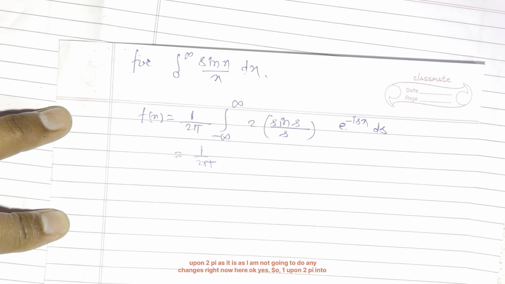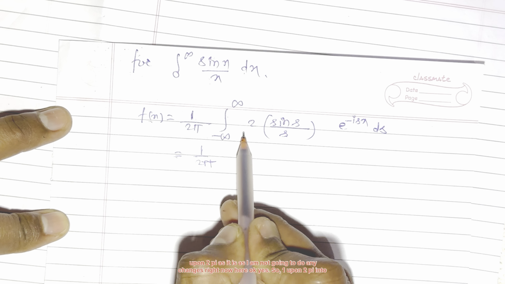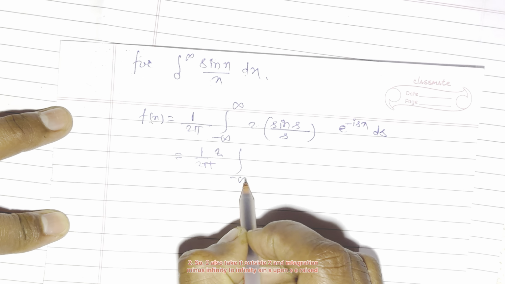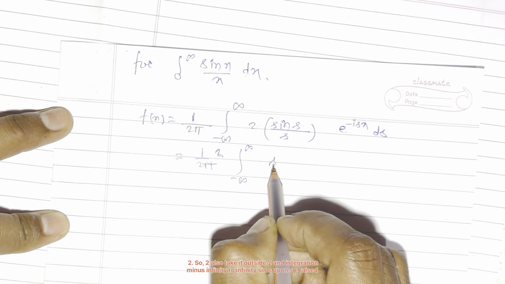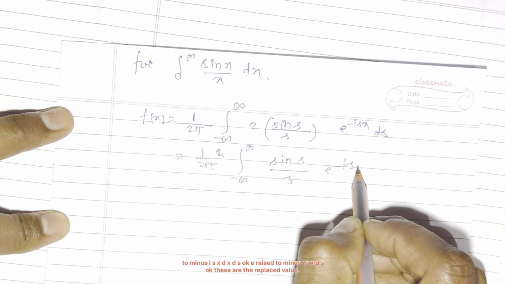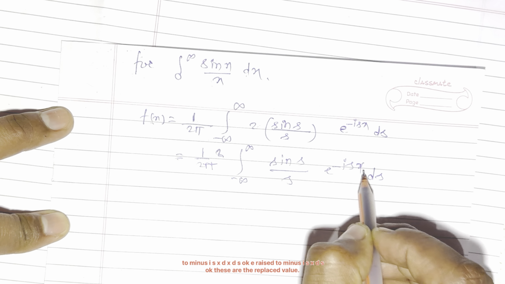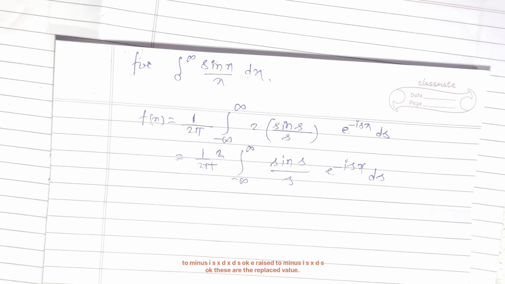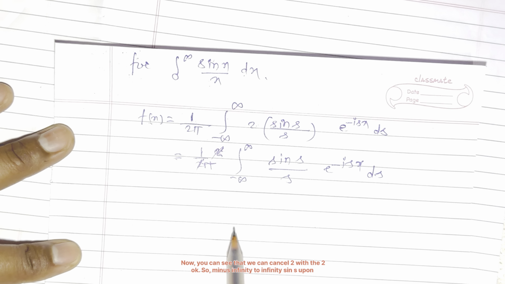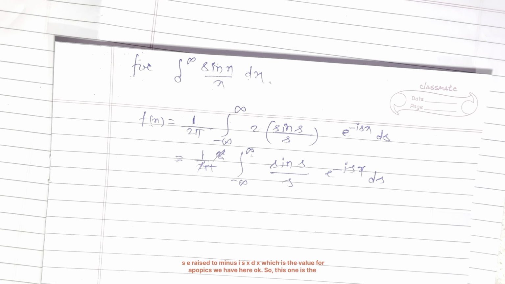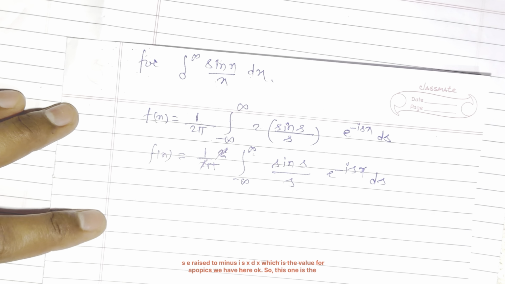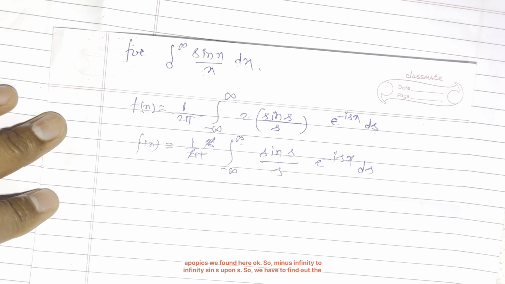So 1 upon 2 pi into 2, and we take the 2 outside, and the integration from minus infinity to infinity of sin s upon s e raised to minus isx ds. These are the replaced values. Now we can see that we can cancel the 2 with the 2. So minus infinity to infinity sin s upon s e raised to minus isx ds, which is the value for f of x we found here.